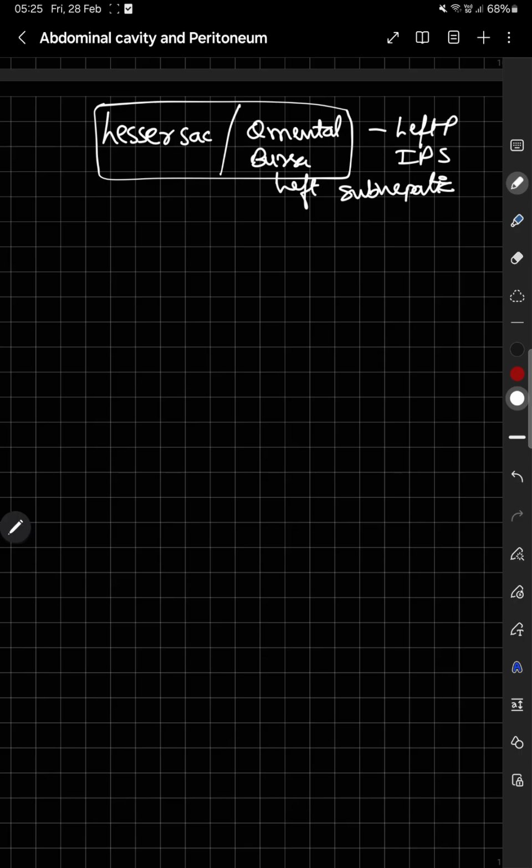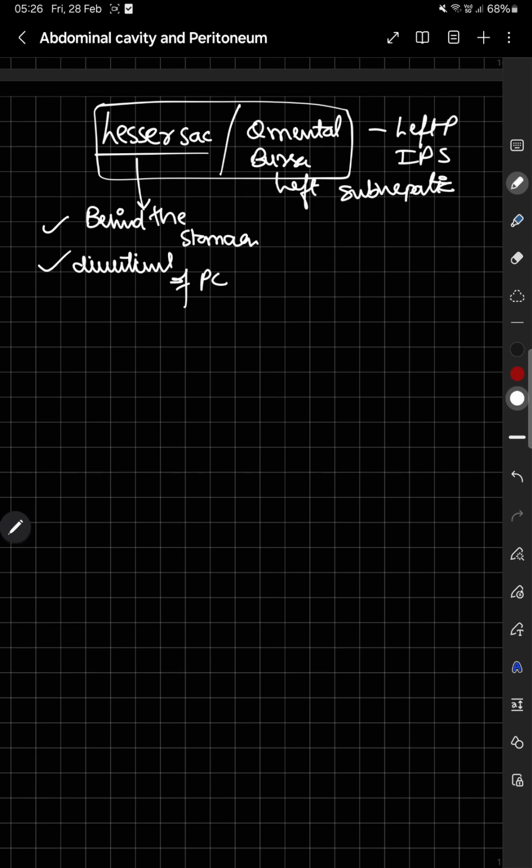So the omental bursa is a diverticulum. The greater sac is present in front of the stomach, so this will be behind the stomach, and it's basically a diverticulum of the peritoneal cavity.